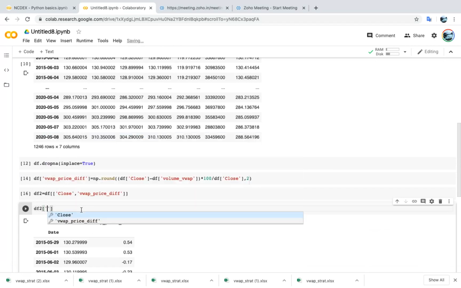So I will define one more variable, price, not price. What is the percentage change since last day.